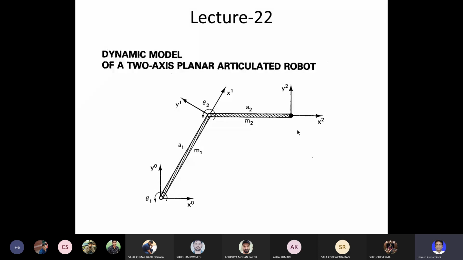So we are first considering the dynamic model of a two-axis planar articulated robot.